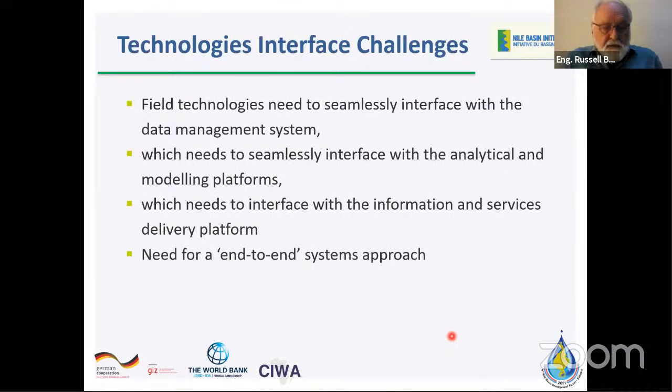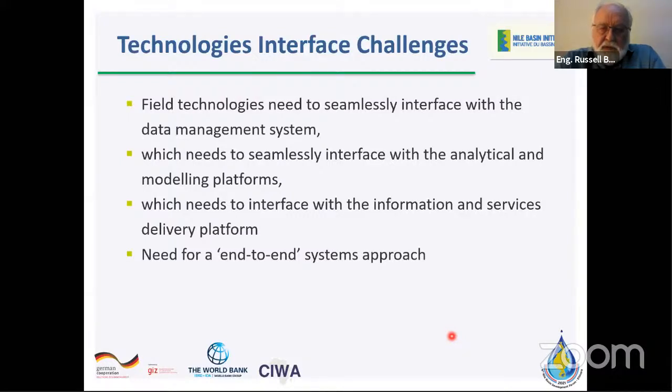One of the items I want to draw to people's attention is that the challenge with implementing these technologies is not in the individual systems themselves, such as the field system, the data management system, the modeling or GIS system. It's where these systems interface that the challenge lies and where you have to put your effort.